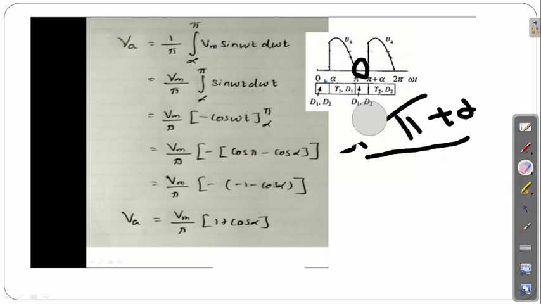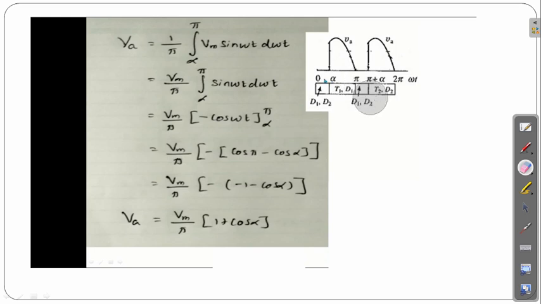So Va is the integral from alpha to pi of Vm sin omega t d omega t, which is equal to Vm by pi times the integral from alpha to pi of sin omega t d omega t. We keep this Vm by pi outside. If we integrate sin omega t, it becomes minus cos omega t. So we substitute the upper and lower limits, pi and alpha, for omega t in the next step.